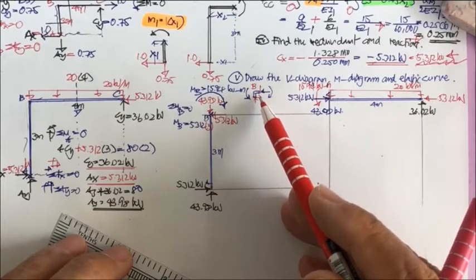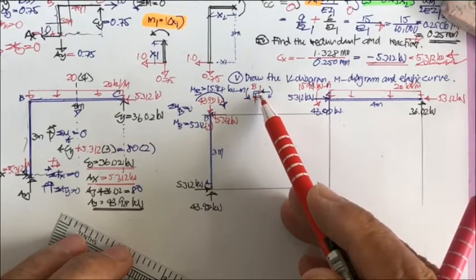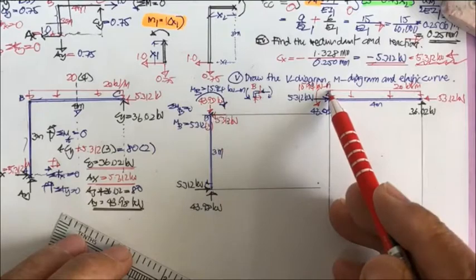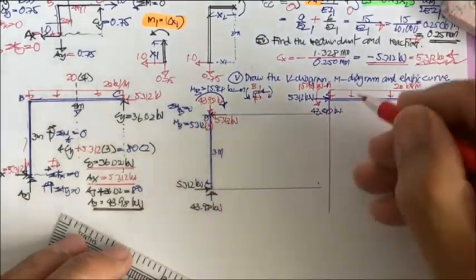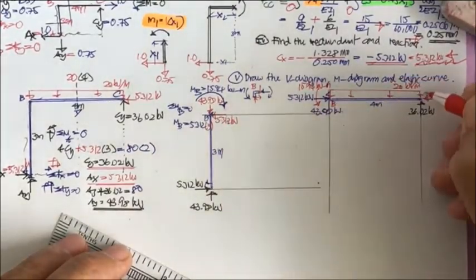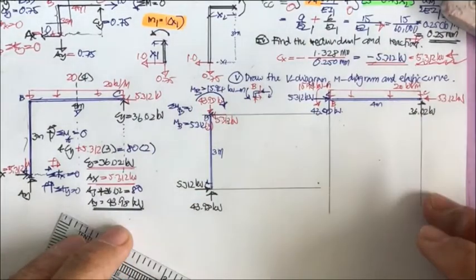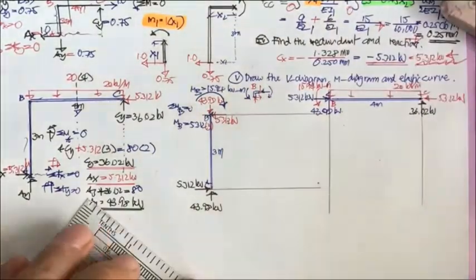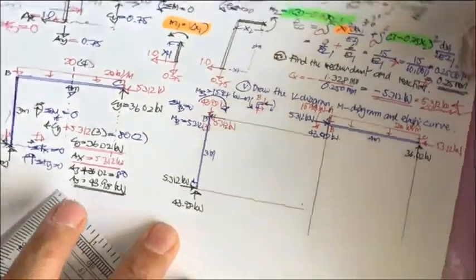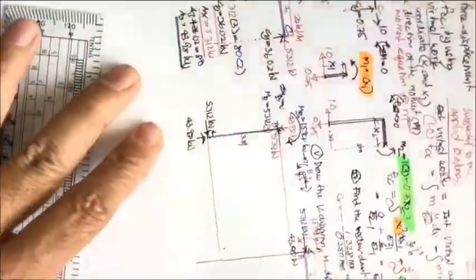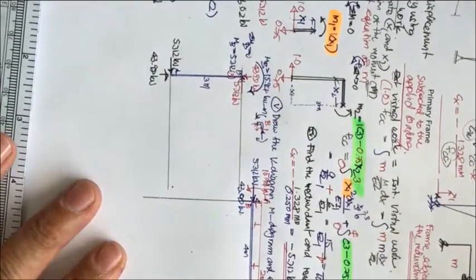When there is no applied force at B, you can transfer directly from the B to this B, and this is C.